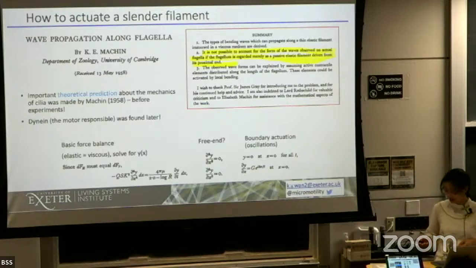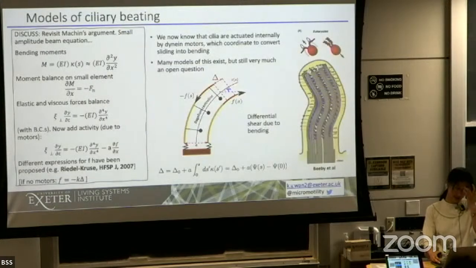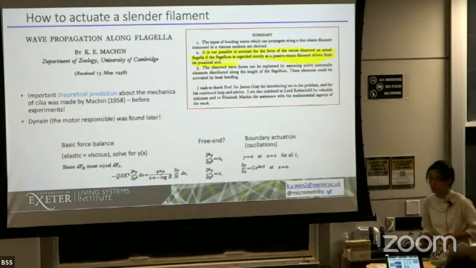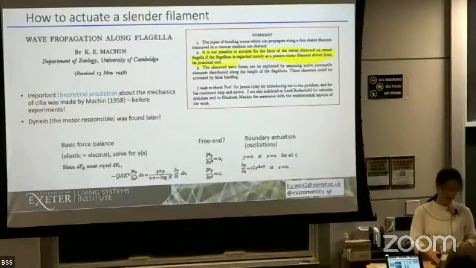And then at the free end, you have torque-free and force-free boundary conditions. And this you can solve. And what's interesting is that the solution revealed something fundamental about the mechanism of operation of these cilia.